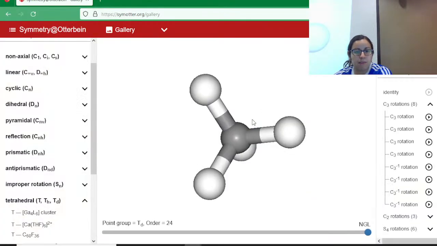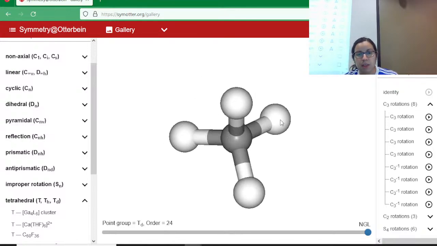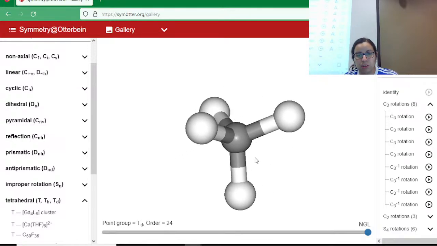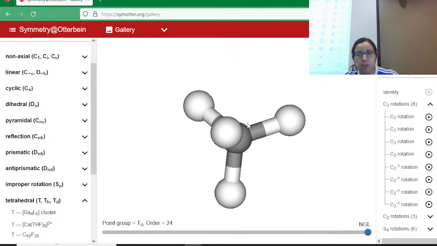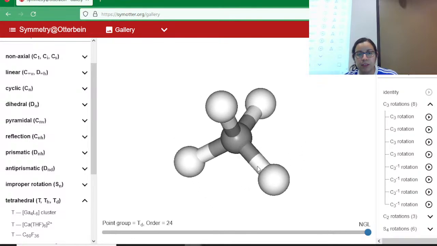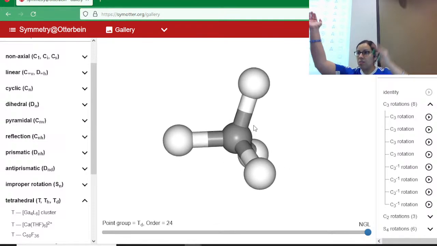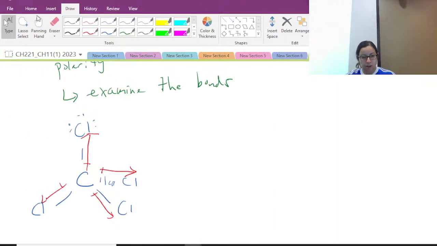Here I have, obviously methane, but I just wanted to show you this little diagram so we can see it's fully symmetric. We can rotate it, and it all looks the same. So in this case, even though the bonds are polar, the overall molecule is nonpolar since our arrows cancel out.